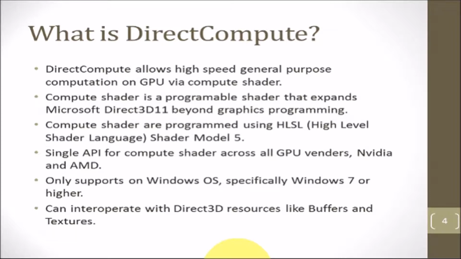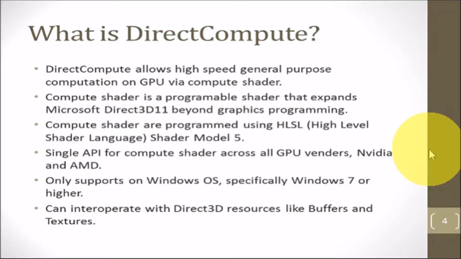Compute Shaders are programmed using HLSL, the High Level Shader Language, and the specific model which supports Compute Shader is shader model 5. A Compute Shader is written in the same way as the other pipeline stages, like vertex shader, pixel shader, and geometry shader, but some of the APIs are different for Compute Shader.